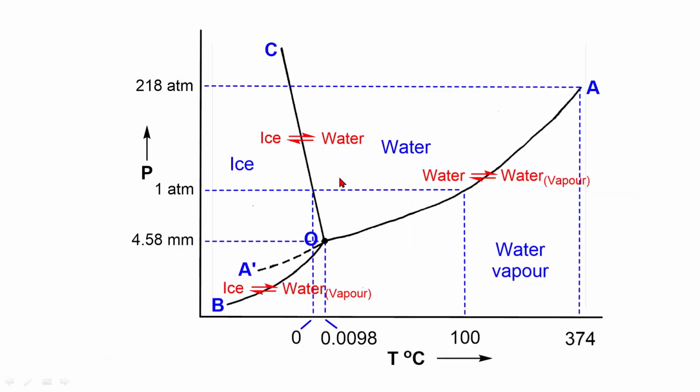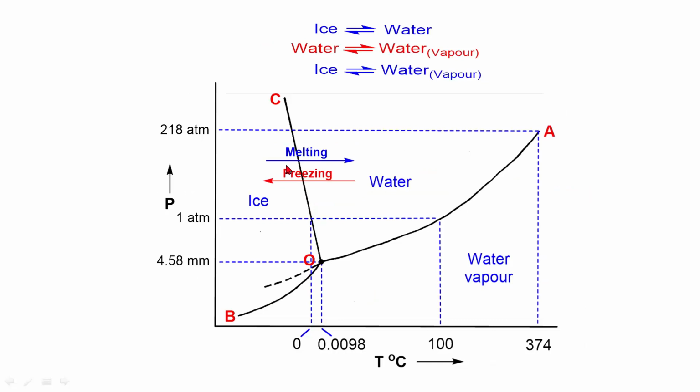We can see that along AO, water is in equilibrium with water vapor. Along OC, ice is in equilibrium with water, and along OB, ice is in equilibrium with water vapor.